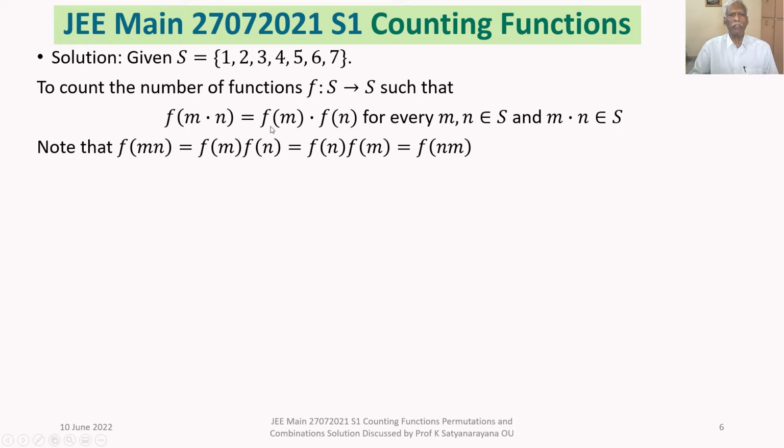Again using the definition of the function f, you get f of nm. So f of mn is equal to f of nm, that means f is symmetric in m and n.